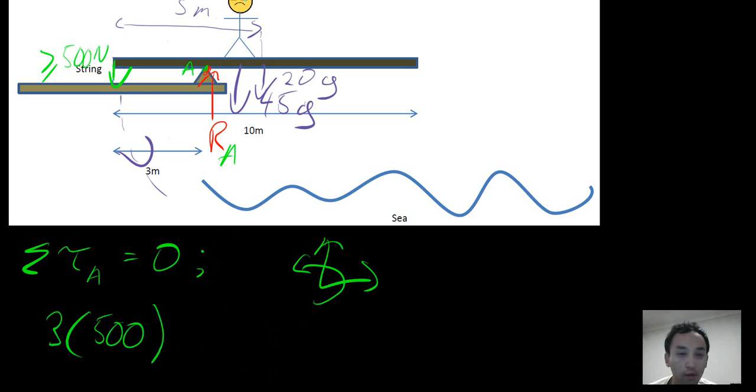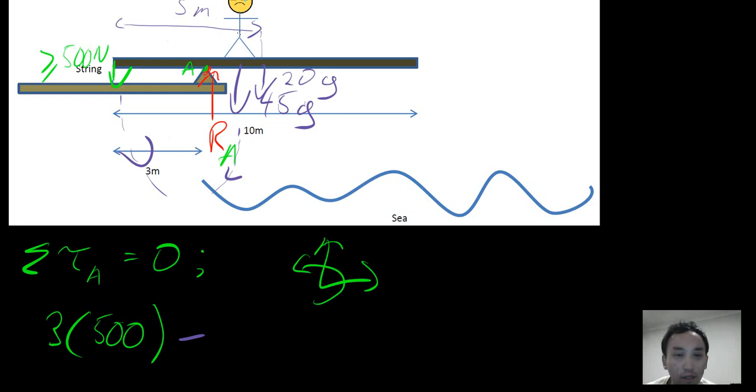The next force that we have is the 20g over here, and this one is moving clockwise. You can imagine it moving this way, and if it is moving this way, then it is negative. What distance is that?